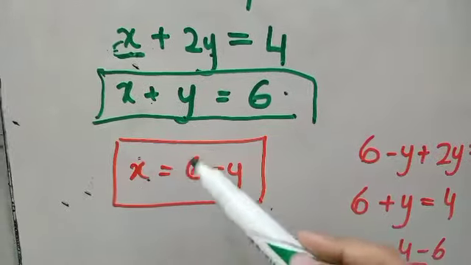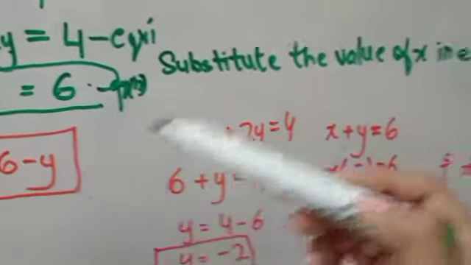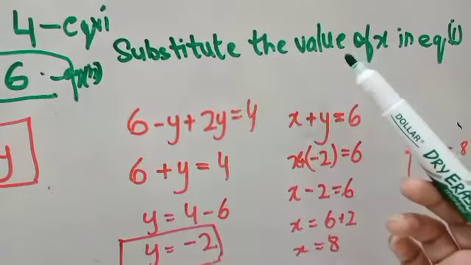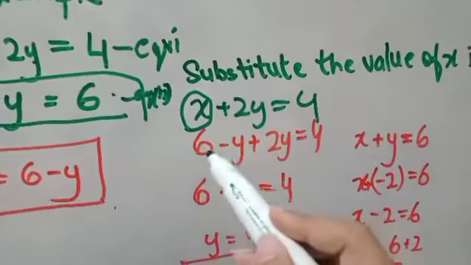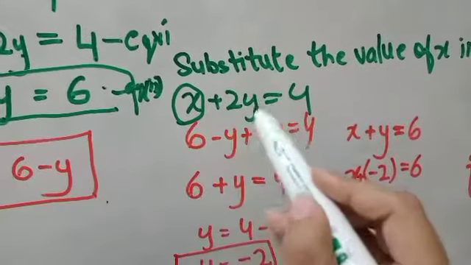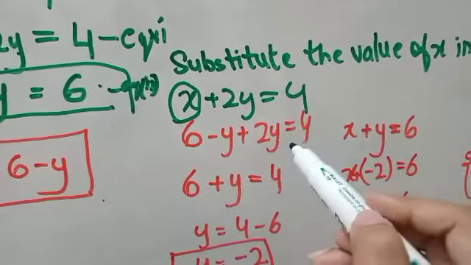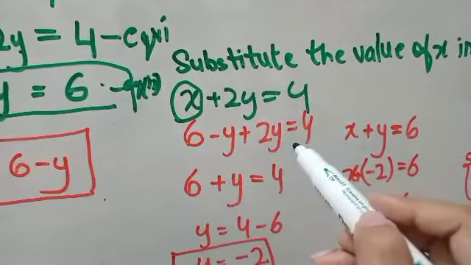Here I write: substitute the value of x which I calculated, that is 6 minus y, in equation 1. This was equation 1, x plus 2y is equals to 4. Instead of x, I wrote 6 minus y plus 2y is equals to 4 as it is. Now I will solve it.